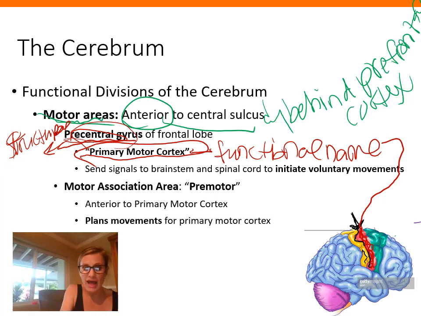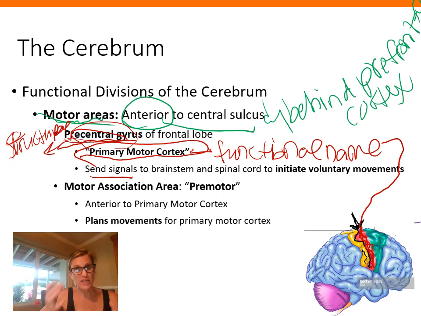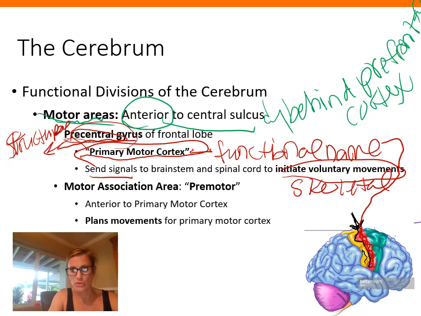This is the area that actually sends the signals out to our muscles to tell them to contract. The signals go down through the brain stem, down the spinal cord, and then out to our skeletal muscles. So it initiates all voluntary movements of our skeletal muscles.